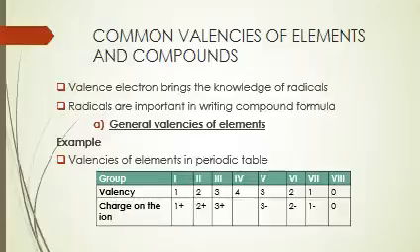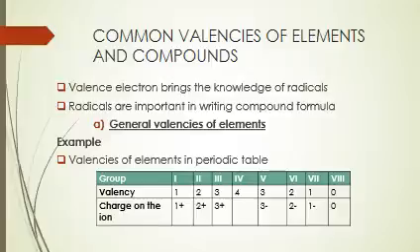The first row is composed of groups: group 1, group 2, group 3, group 4, group 5, group 6, group 7, and group 8. So in a general periodic table, we have 8 groups. In another row we have valence, which says group 1 has a valence of 1, 2 for group 2, up to group 8, which is 0, with no valence, and we also have charge on ion. Group 1 has a positive charge.